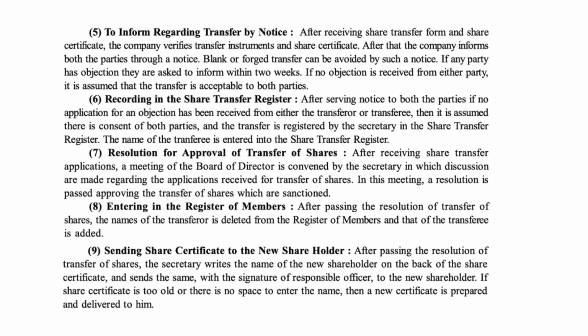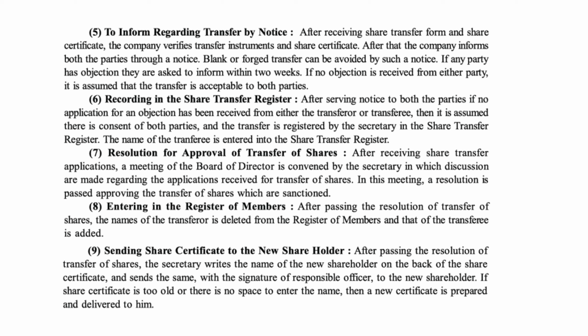Once it is approved, the entry will be made in the register of members. That is, the name of the old shareholder will be removed and the name of the new shareholder will be added. After this, the purchaser has submitted the share certificate along with the share transfer form.